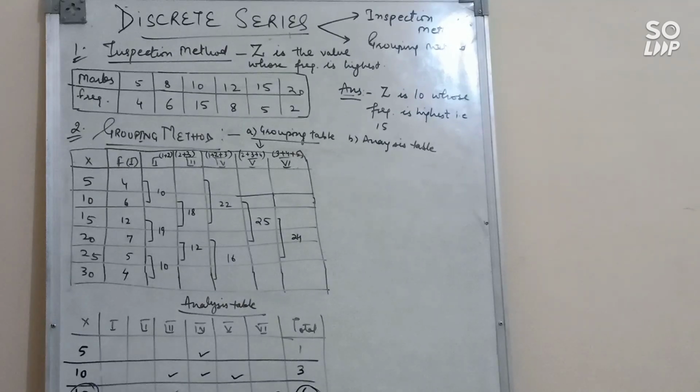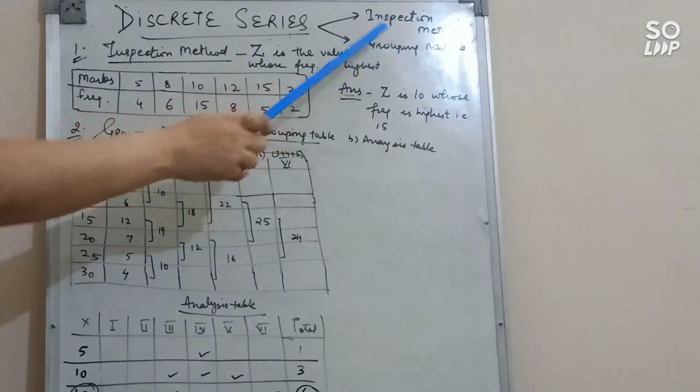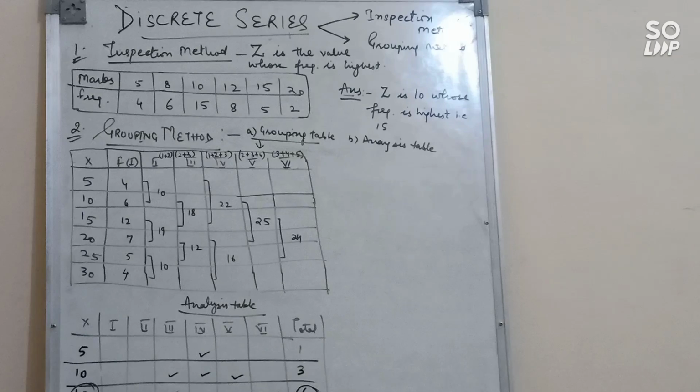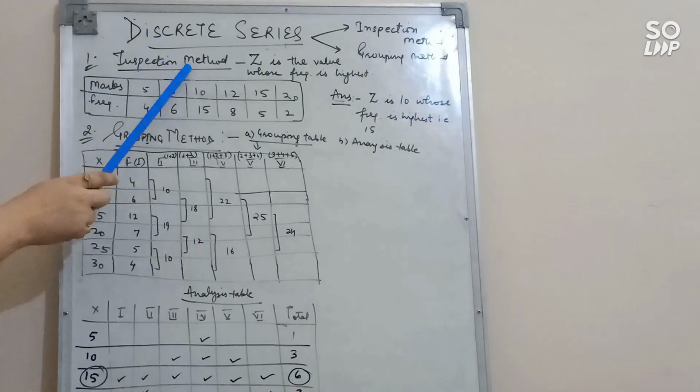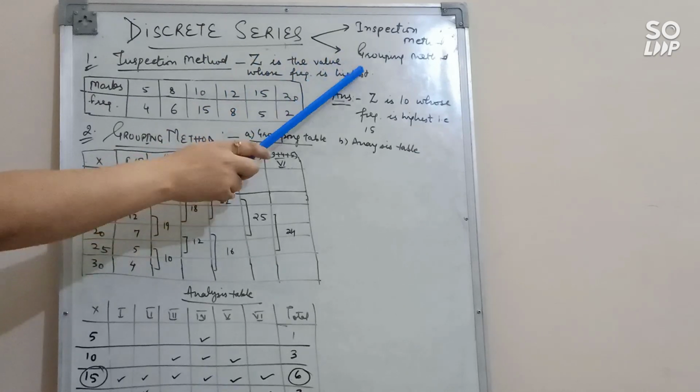Next is discrete series. Discrete series is a series in which we have x variable with frequency. How will you calculate mode under discrete series? We have two methods. One is the inspection method, second is the grouping method. First is the inspection method, a very easy method. Under this method, mode is the value whose frequency is highest.